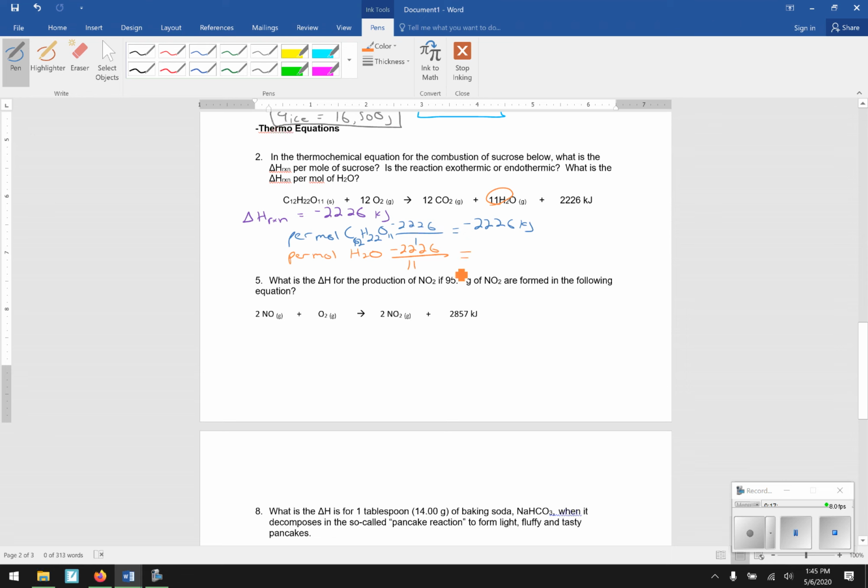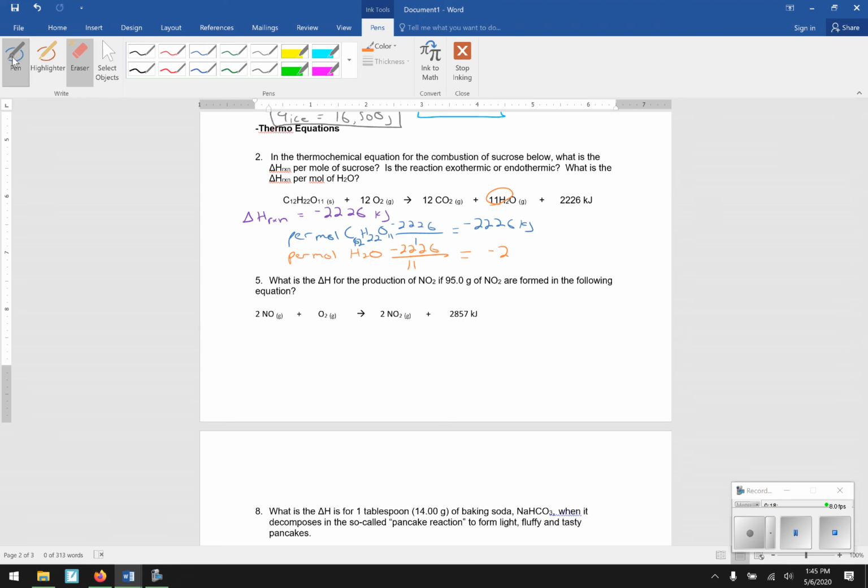So negative 2,226 divided by 11 equals negative 202.3, not 2.023.